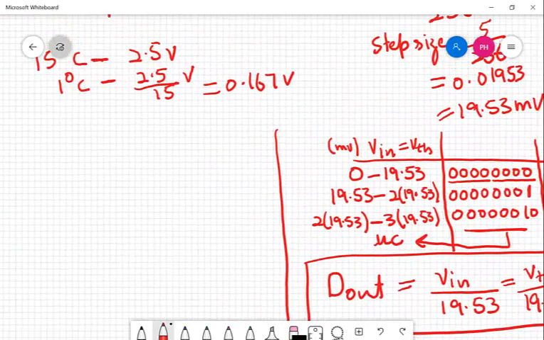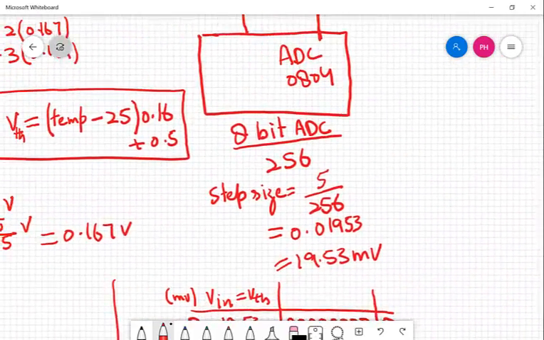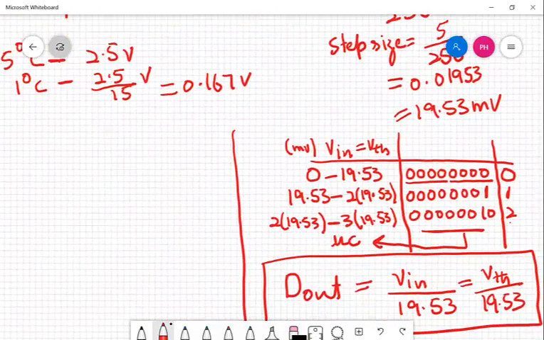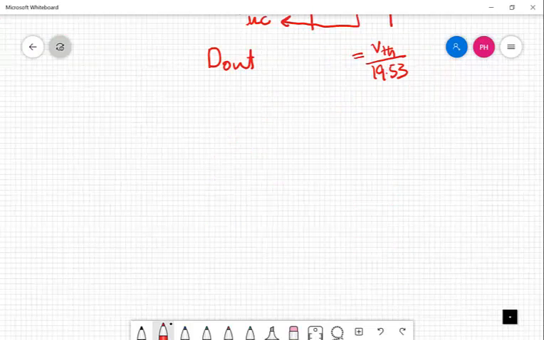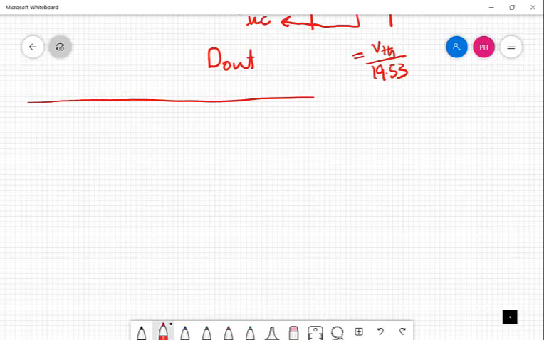I will write both the equations again. VTH, you have to remember, is this voltage.